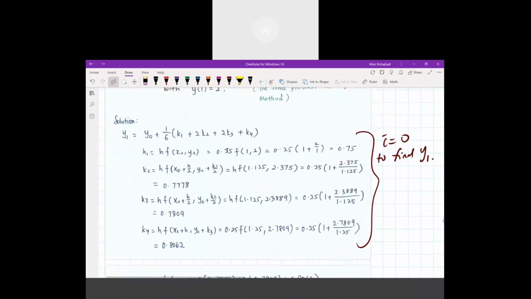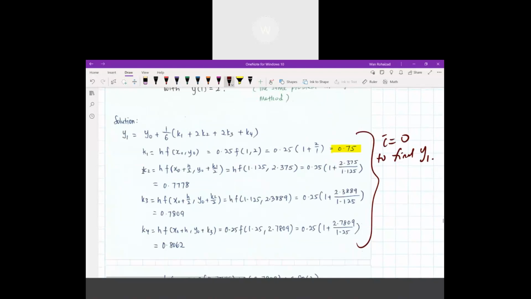We substitute into the function: 0.25 times (1 plus y over x), so 2 over 1, which gives 0.75. This is the value for k1.